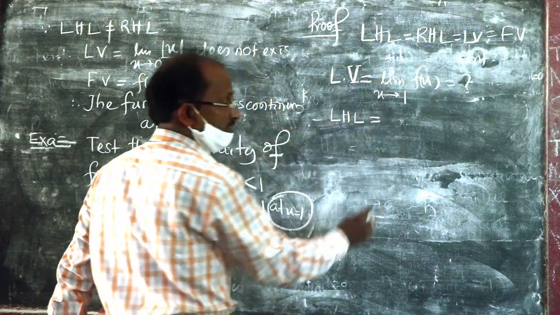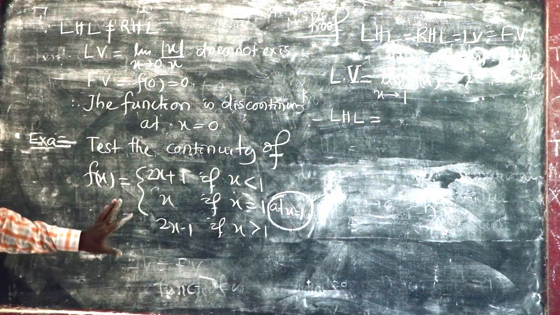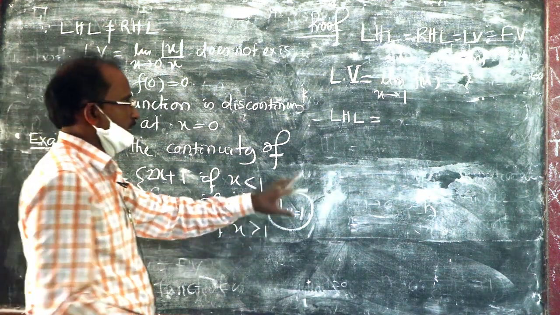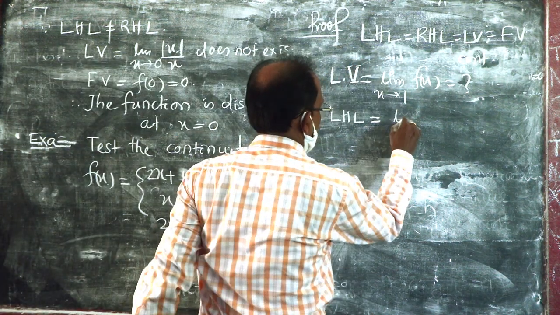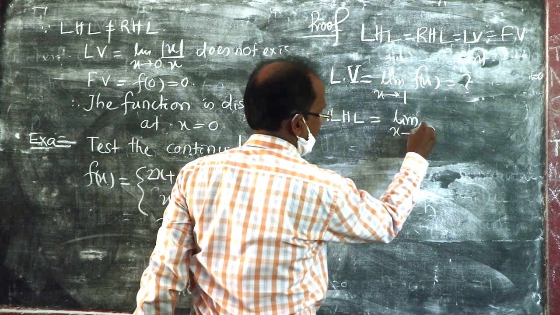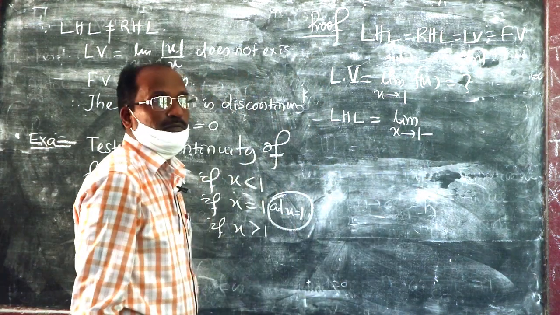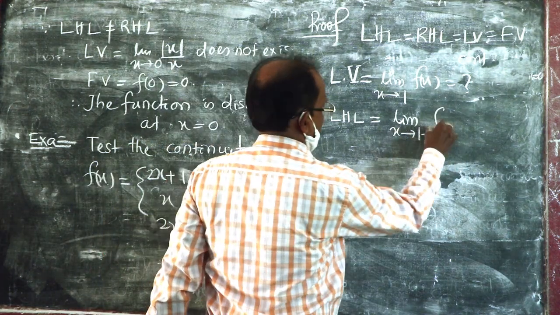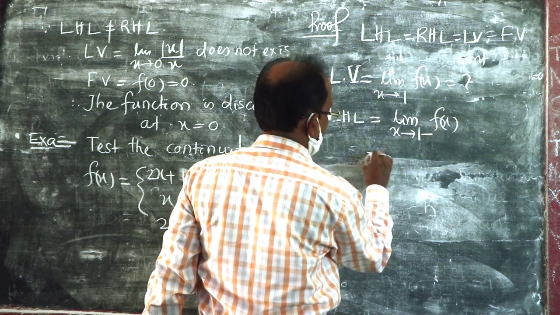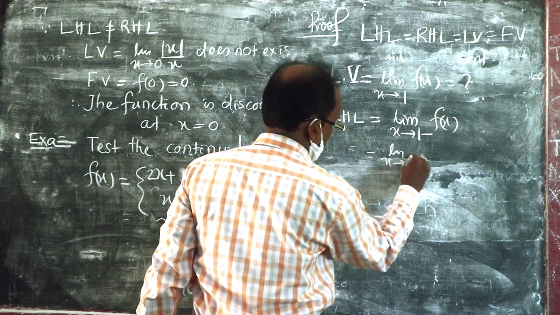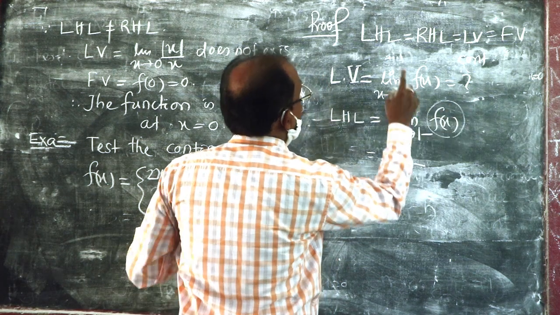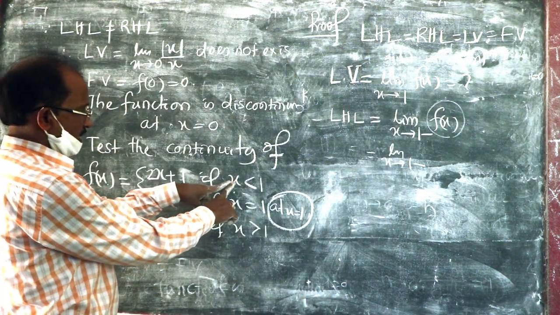So what is left hand limit? The left hand limit is written as limit x tends to 1 minus f(x).